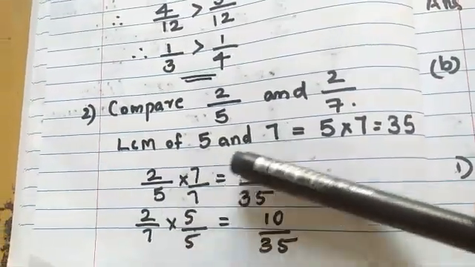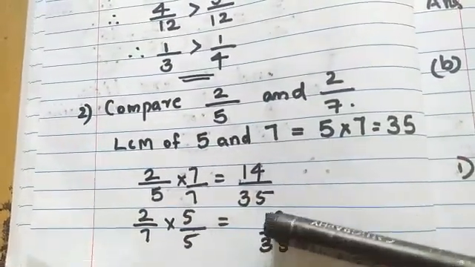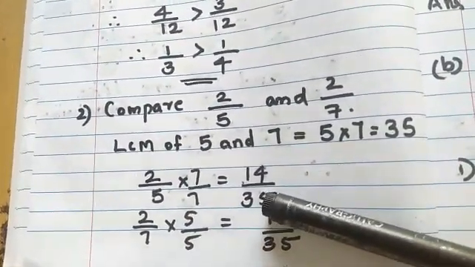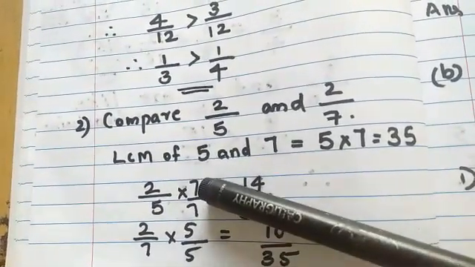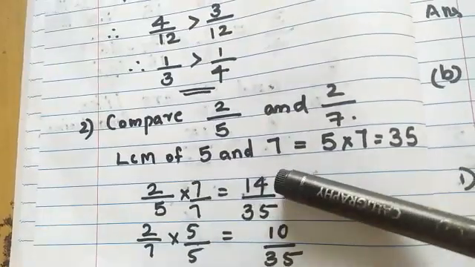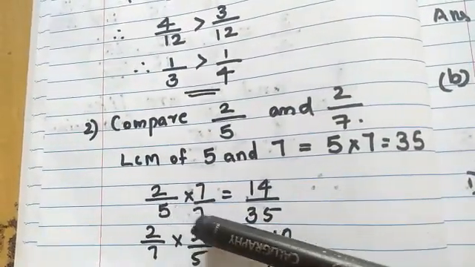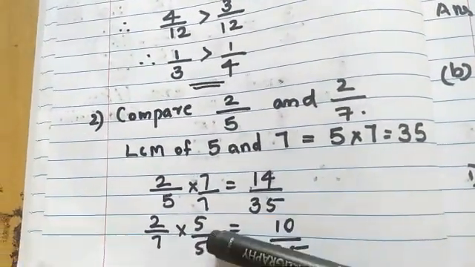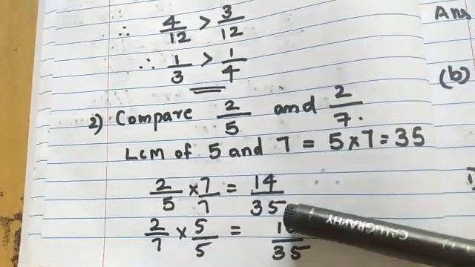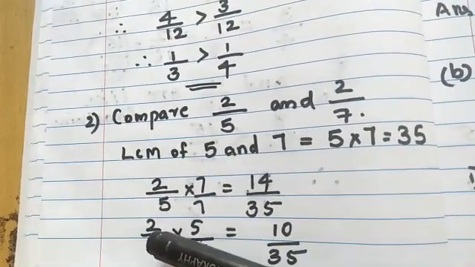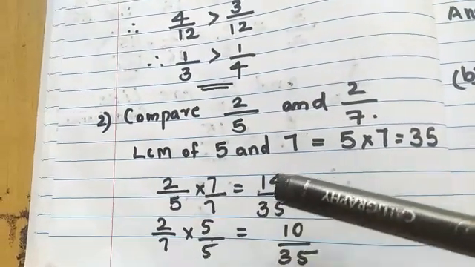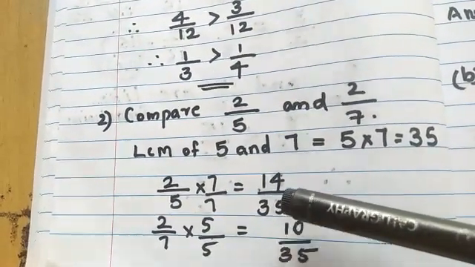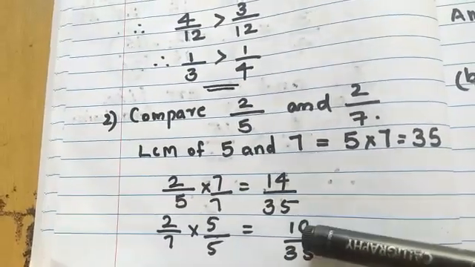Then again 2 by 5, to make the denominator 35, we should multiply by 7 by 7. 2 into 7, 14. 5 into 7, 35. So 14 by 35. Like that, 2 by 7 into 5 by 5, because we must get the same denominator.